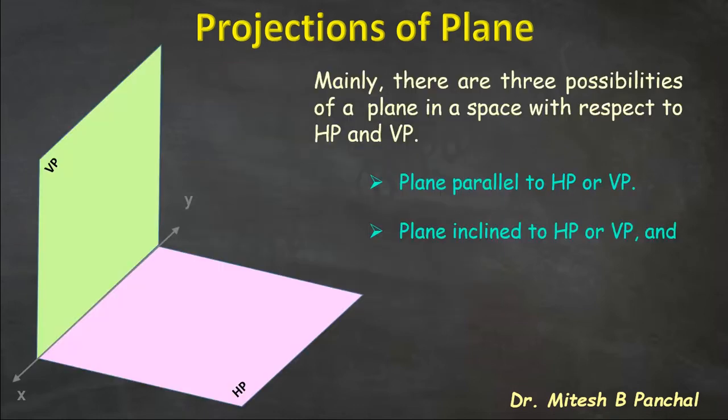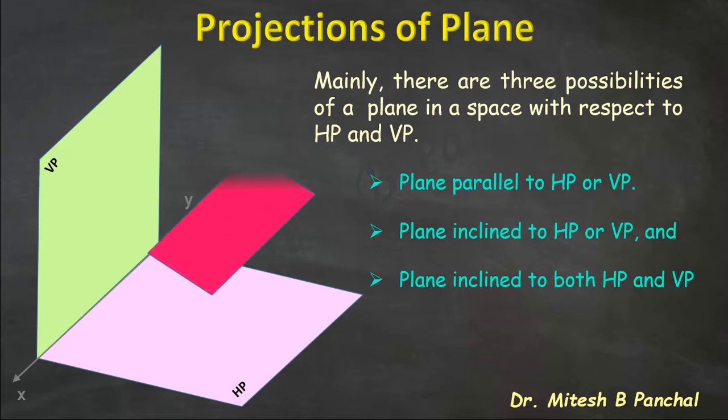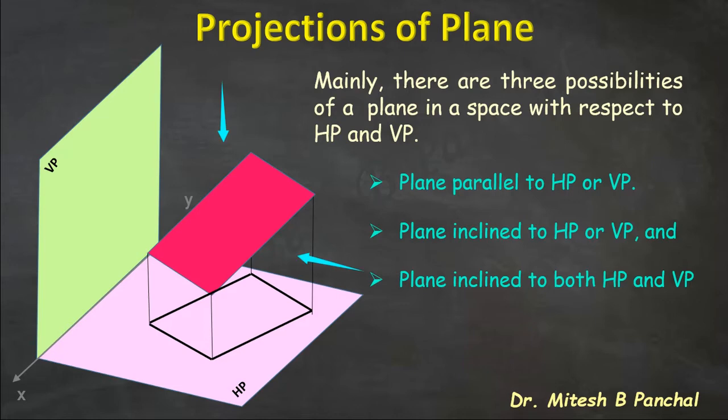Now we will consider the third possibility, that is a plane inclined to both HP and VP. So the rectangular shape will be like this. Here it is inclined to HP as well as to VP. When we are viewing from the top, the top view will appear like this. And when we are viewing from the front, the front view will be like this.